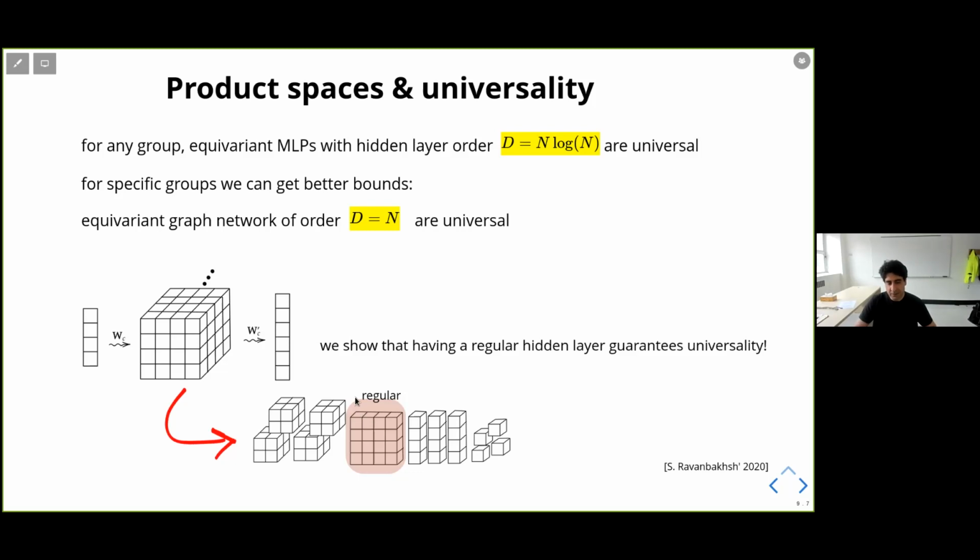So basically, the universality of high order is due to having a regular orbit, and because we know a regular orbit is enough for universality. Yeah, so that's another place where people have looked at high order hidden layers because it had a role in establishing universality.